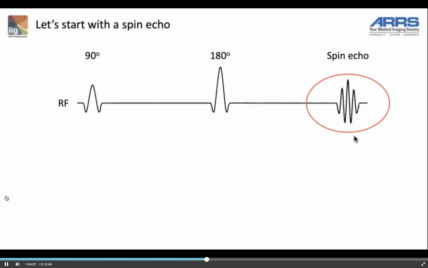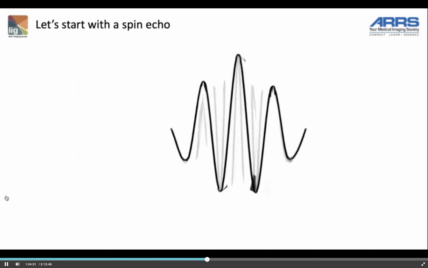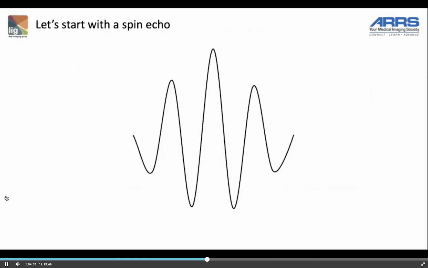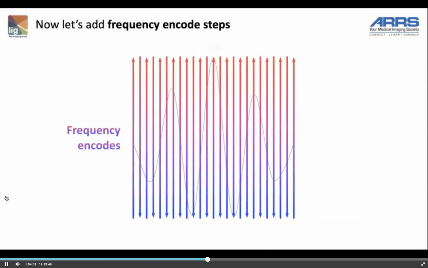How does EPI work? Well, let's start again with this spin echo, and this is to some extent just a summary of what Dr. Bashir explained so eloquently in some of his lectures. So we have a spin echo, and we're going to now sample this echo with a bunch of frequency encoding steps. Notice that one frequency encoding step is going up, the next one is going down, the next one is going up, down, and so we're going to zigzag through k-space up and down with our frequency encodes.